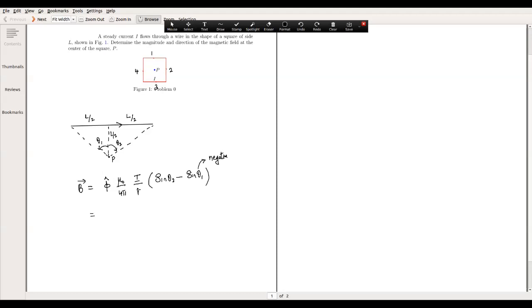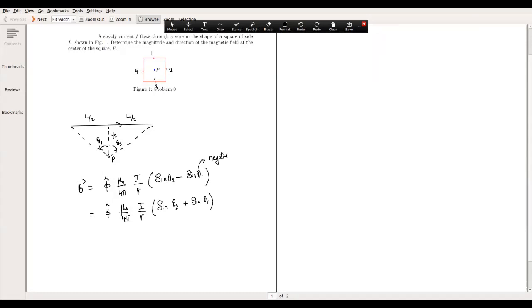If we avoid this confusion of it being negative, this can be written as I over distance r times sine of theta 2 plus sine of the magnitude of theta 1, which in this particular scenario is negative. One should be careful when interpreting this as minus or plus.